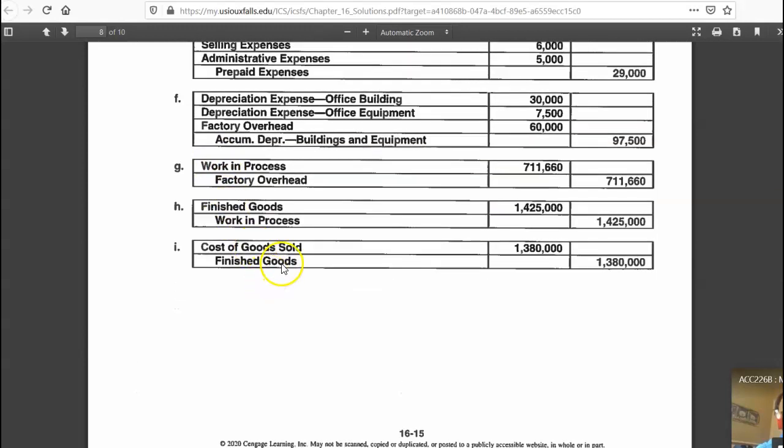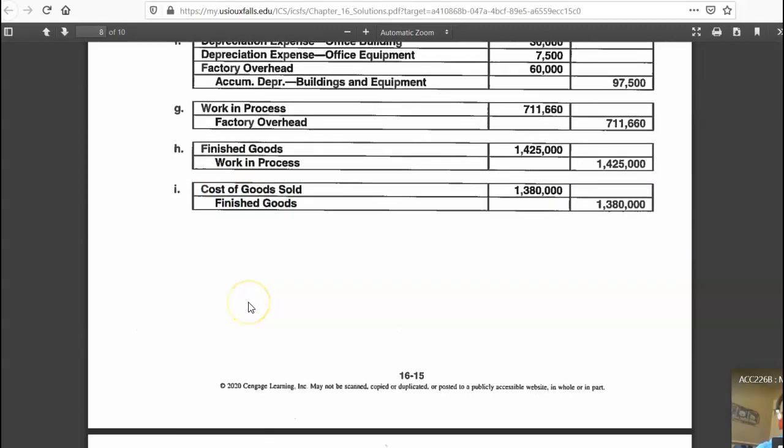And then the last is it finished. We're done. It no longer needs to be in WIP. It's now finished. And here is the selling entry. The only thing that's missing is the sales, right? Whenever you sell inventory, there are two transactions: AR, sales, cost of goods sold, finished goods. They only give you that. They didn't tell you the sales number.